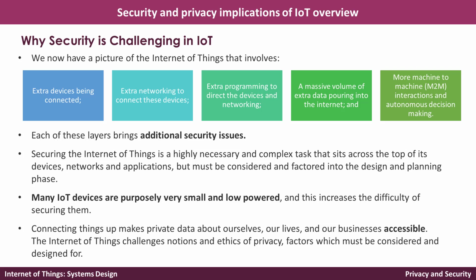Then there are large volumes of data that need to be sent out to the cloud and sent back to the devices. And increasingly, machine-to-machine communication is required, and devices need to make autonomous decisions, which can be influenced and compromised by third parties. So each of these layers brings additional security challenges.